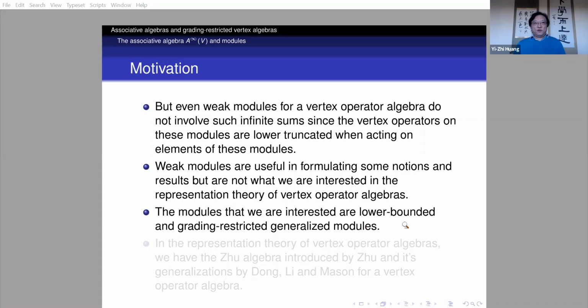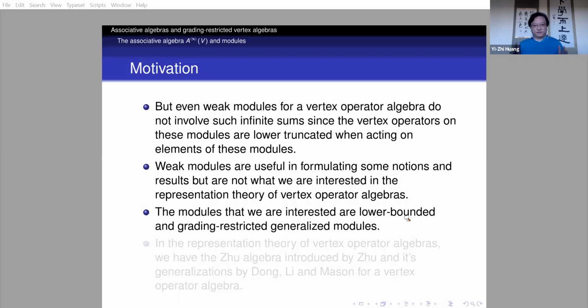Because when you prove a theorem for a general theory, not for some particular example, you always find that in the middle of your proof what you get is a lower bounded generalized module, not a grading restricted one.